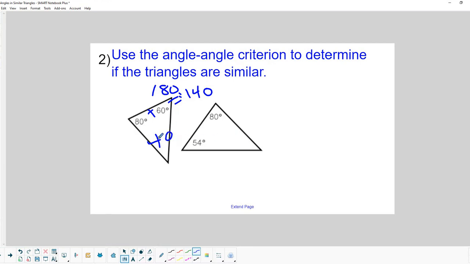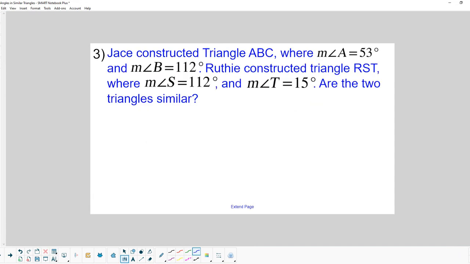So if I start looking around, I see I got an 80 and an 80, but I don't have a 60 in the other one. I've got a 60 and a 40. So we've got a mismatched angle right here. So these are not similar. All right, nice little definition there, isn't it?